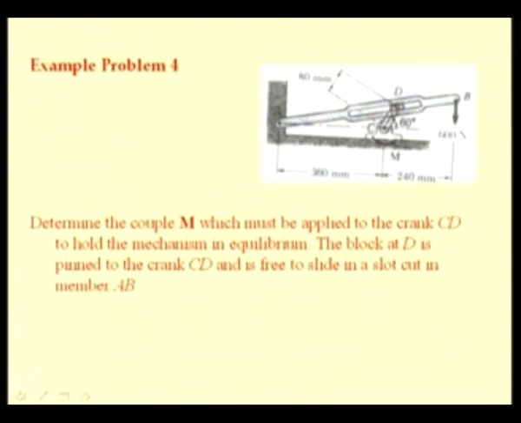This block is free to slide in this slot, thereby it offers a reaction only along a direction perpendicular to the slot. So, let us consider the free body diagram of this member ADB.